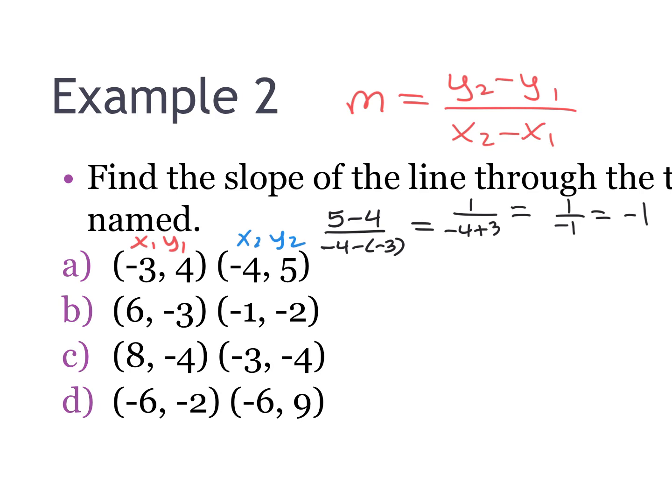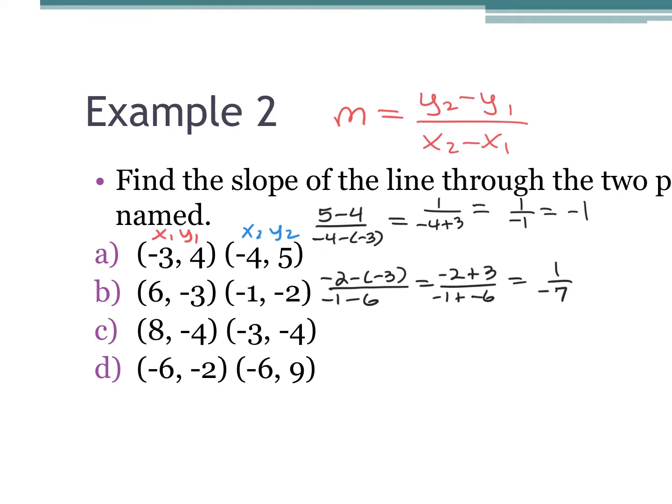Then for part B, again, I'm going to subtract the y's. I'm going to do negative 2 minus negative 3 divided by negative 1 minus 6. Again, you can keep, flip, change it, or stay, change, change. Whatever you do to subtract integers, and then you get 1 over negative 7.